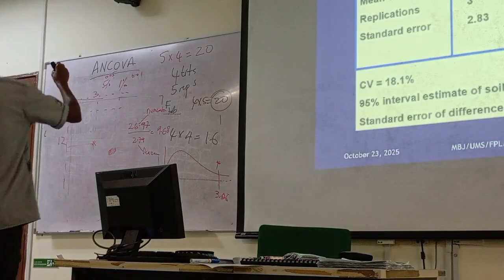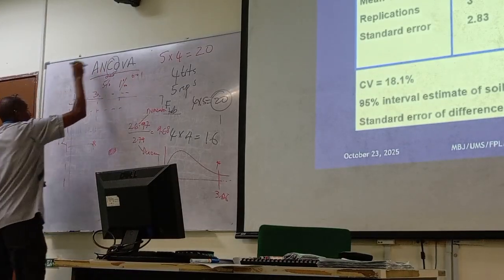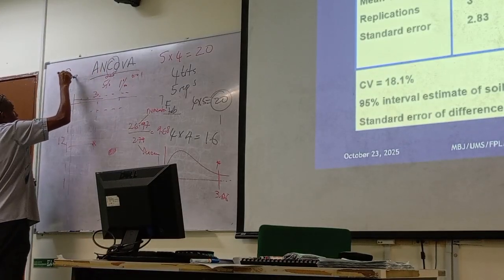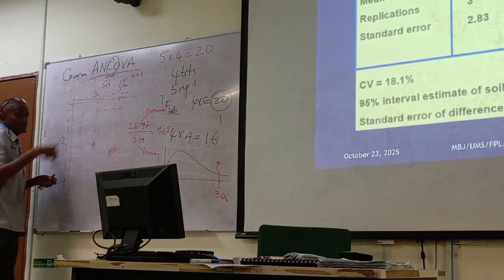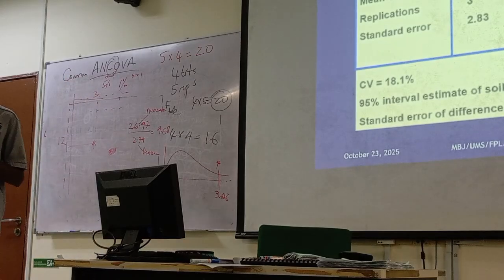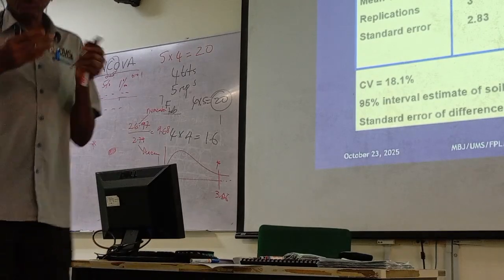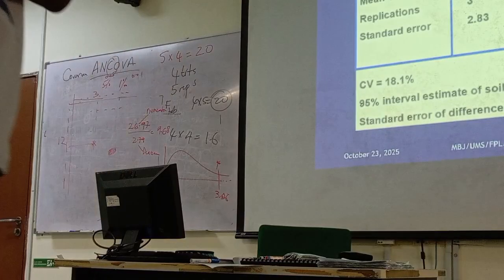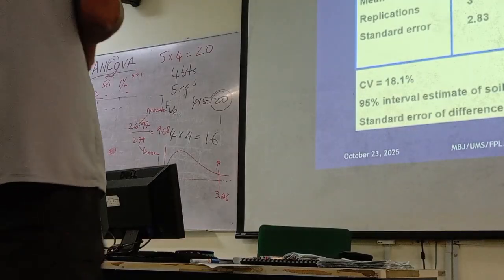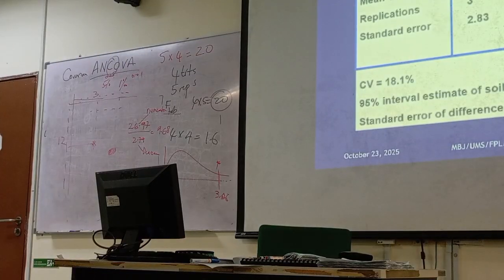This ANCOVA means covariance. Analysis of covariance. That means you take account of what happened before. That means you don't start with the same material. So if that happened to you, please make sure you use analysis of covariance.